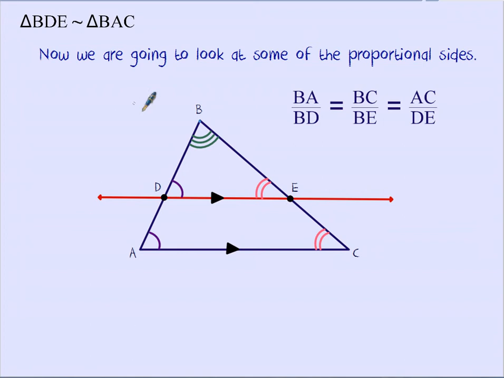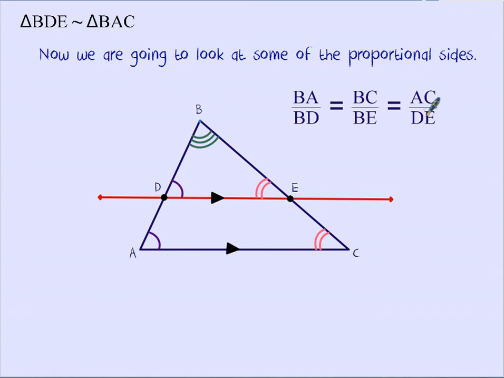Same scale factor, large over small. And also AC and DE are corresponding sides. So large over small, I put AC over DE, and that should share the same scale factor.